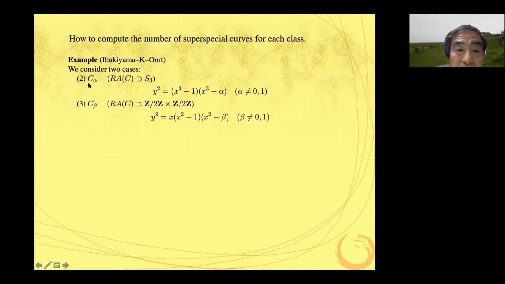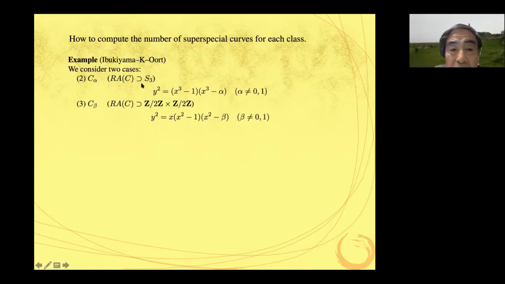The curve C_α is a genus 2 curve whose reduced automorphism group contains S3, and C_β is a curve of genus 2 whose reduced automorphism group contains this group.